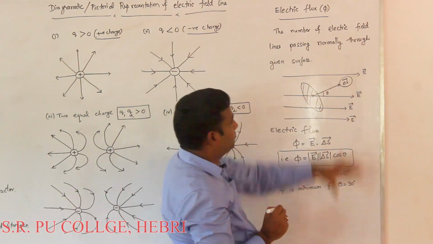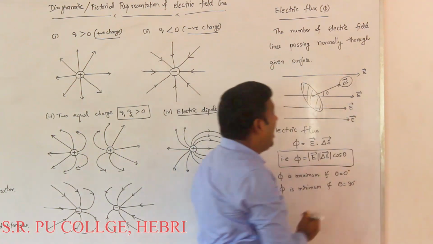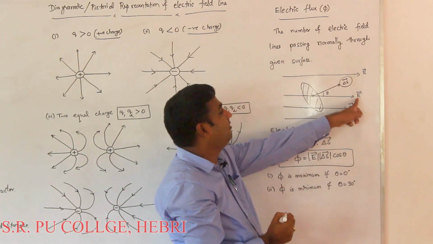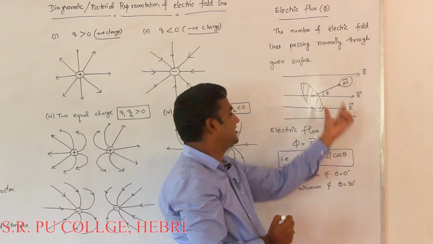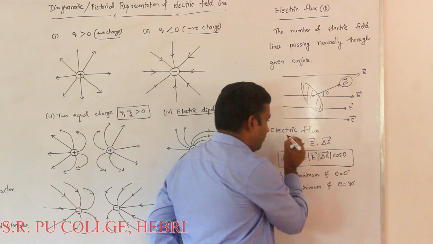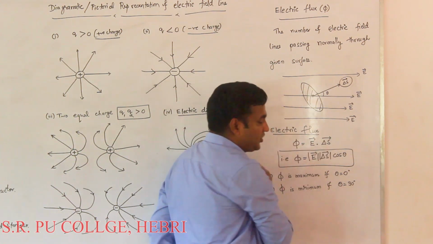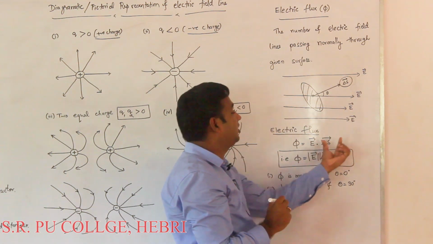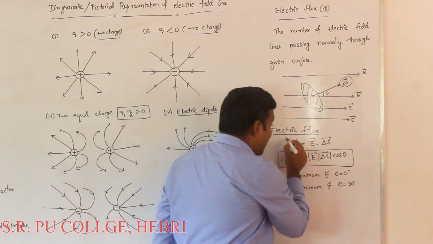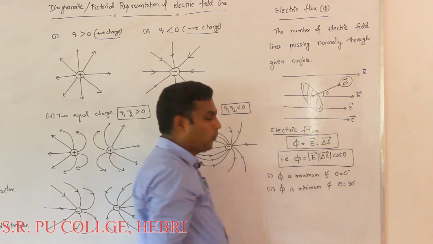For this surface, we apply a uniform electric field denoted as E, and the angle between the electric field and the area vector delta S is theta. Using this, we represent the electric flux as Pi equal to E vector dot delta S vector. It is a scalar product because electric flux is a scalar quantity.